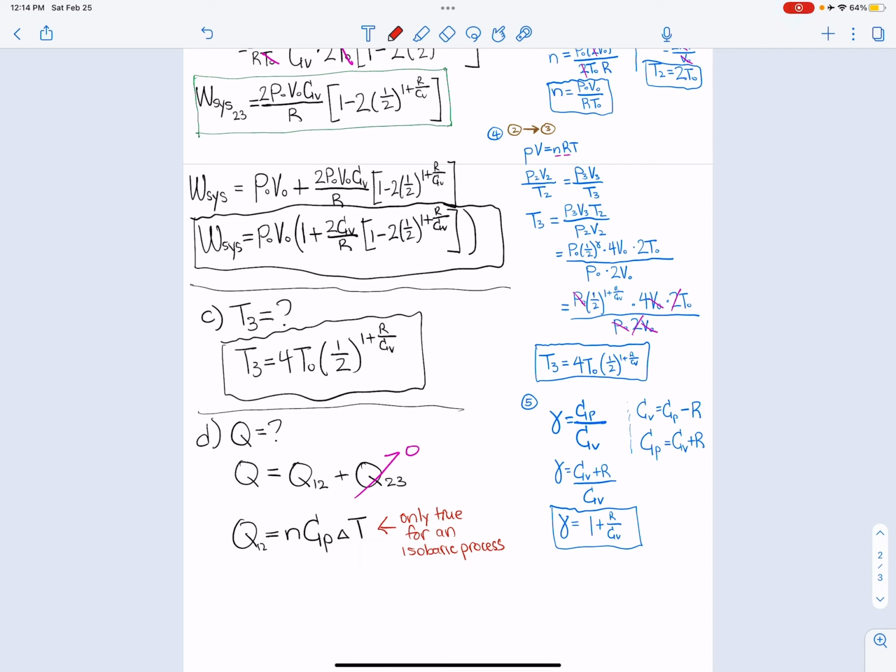You can't do that when it's isothermal or isochoric. But for isobaric, you can say that Q equals N Cp delta T.